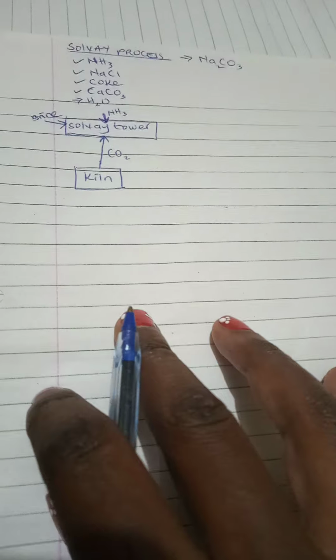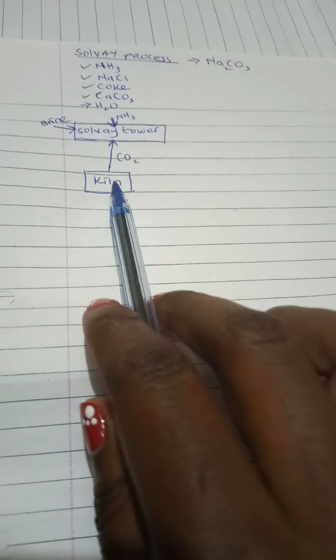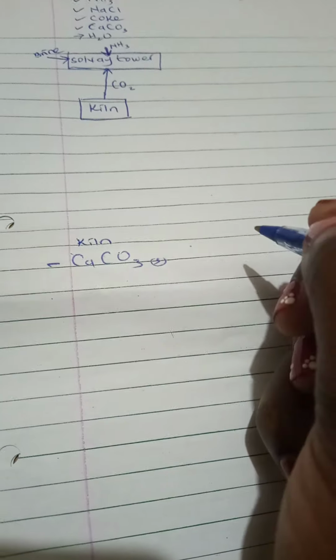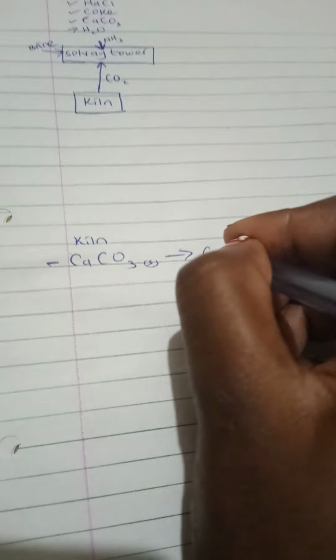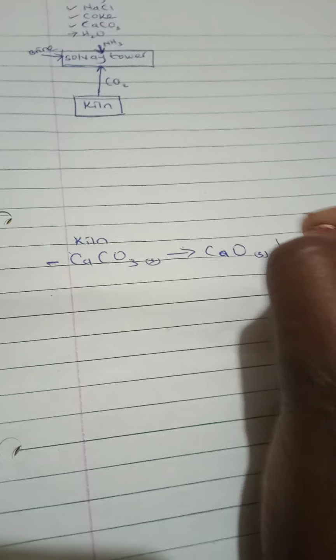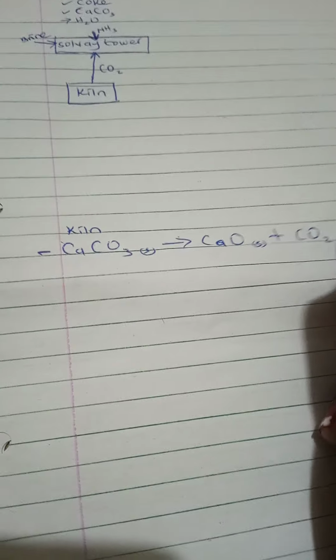So here at the kiln, we have the decomposition of the calcium carbonate and also the burning of the coke. So let me write the equation. This is the equation which will take place at the kiln. We have the calcium carbonate, that is the limestone, which will get decomposed to give the calcium oxide and the carbon dioxide gas.